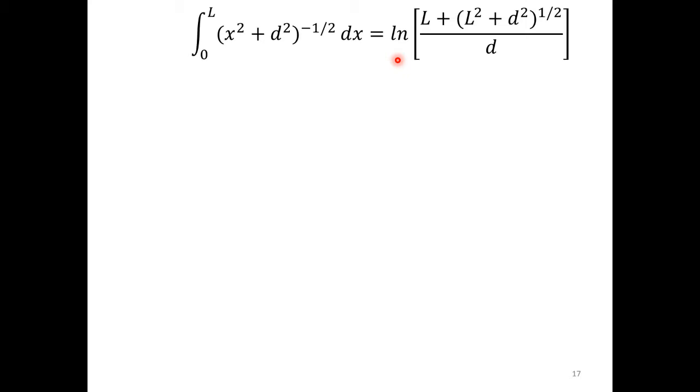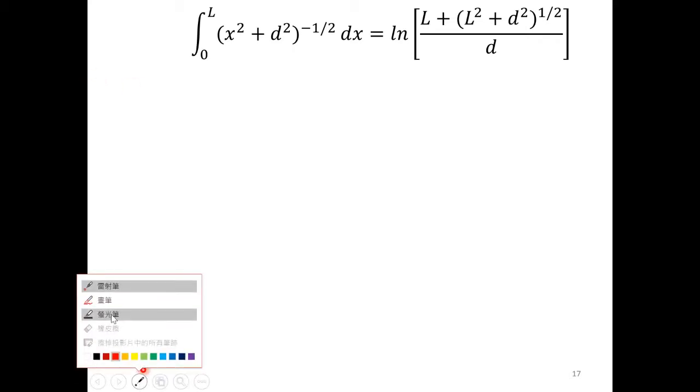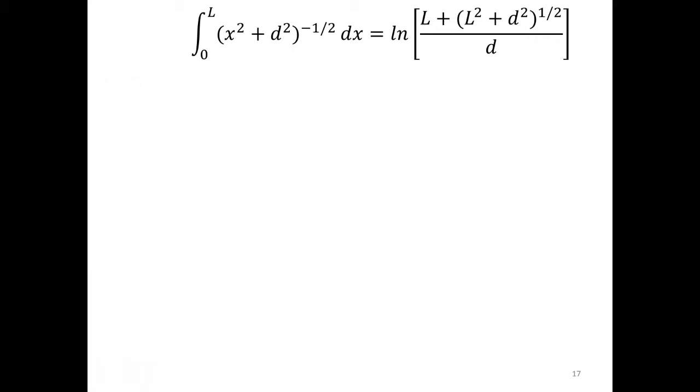Actually, this is not difficult. You only need to substitute, but don't worry too much. I won't let you derive it in the exam. Basically this is a standard process.